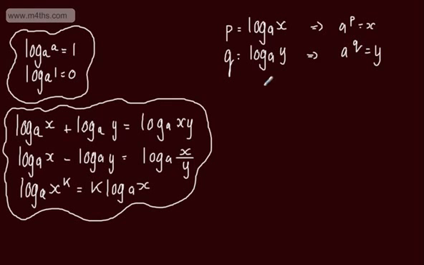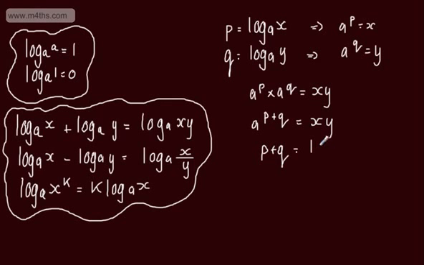If I multiply these two, a to the power of p multiplied by a to the power of q will be equal to x multiplied by y, or xy. Using the rules of indices, we can see a to the power of p plus q will be equal to xy. I'm now going to write the logarithmic equivalent statement, and that is that p plus q is equal to log to the base a of xy.